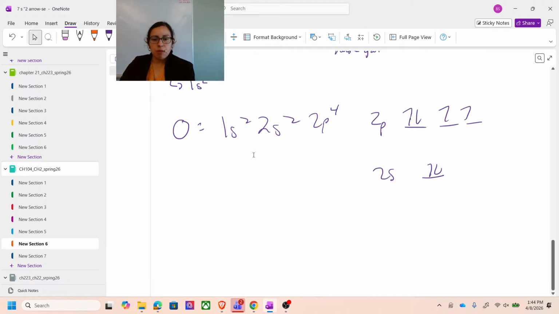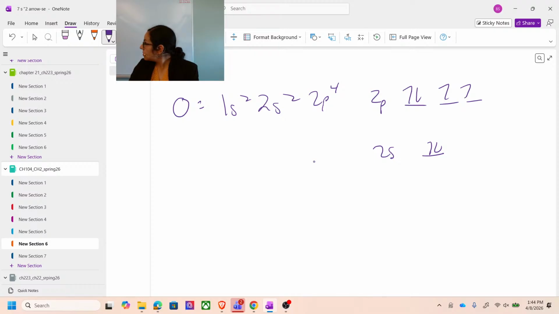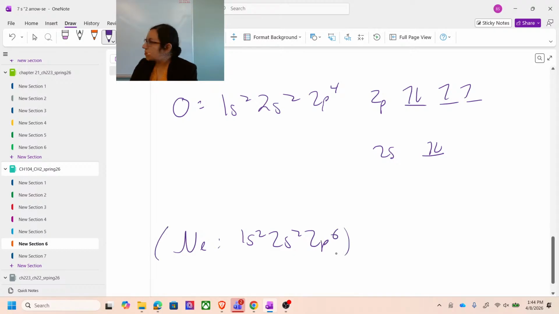And again, we can write our Lewis dot structure to represent that, so try that. So that's neon. So yeah, just kind of skipping ahead. But yeah, let's do oxygen's electron configuration.